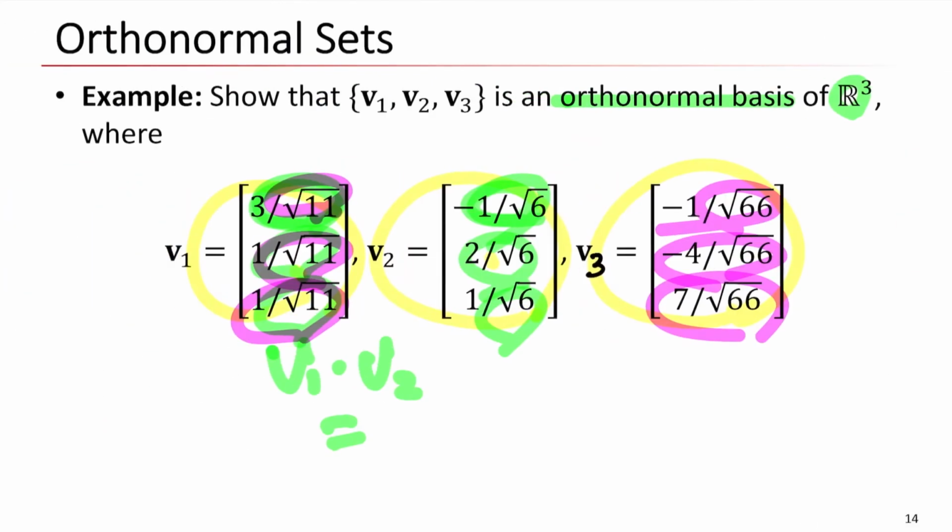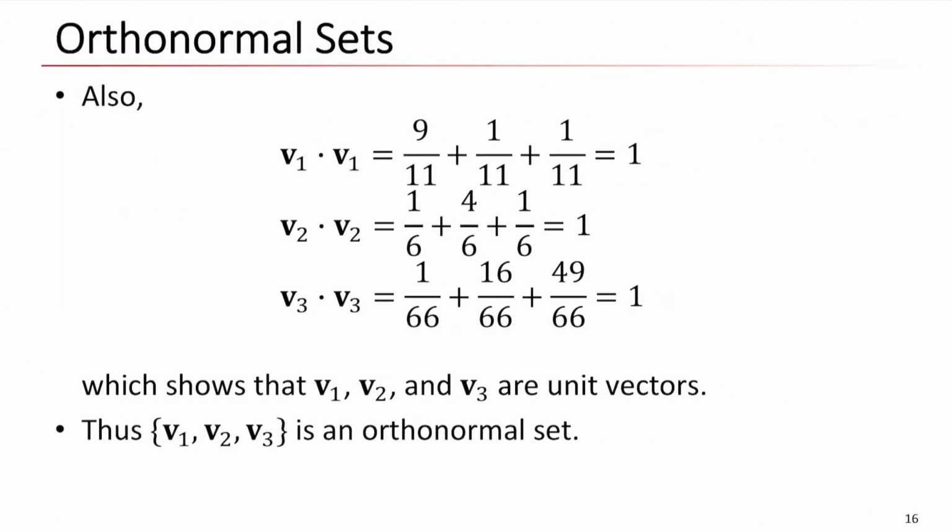And then to show this is an orthonormal set, we have to show each vector has length 1, that they are unit vectors. So how can I prove that? Let's compute v1 inner product v1.